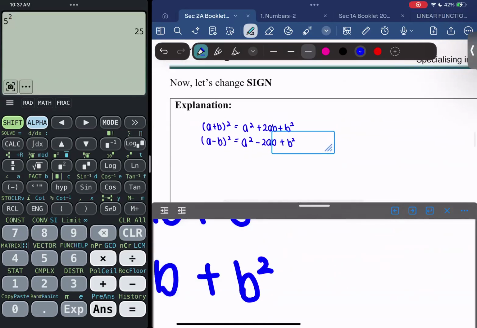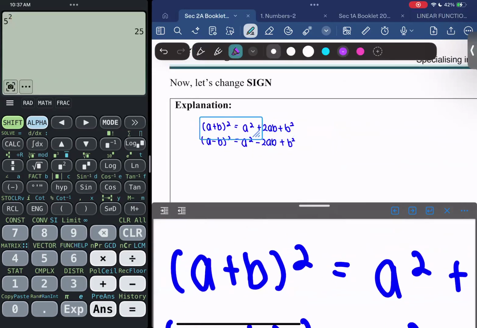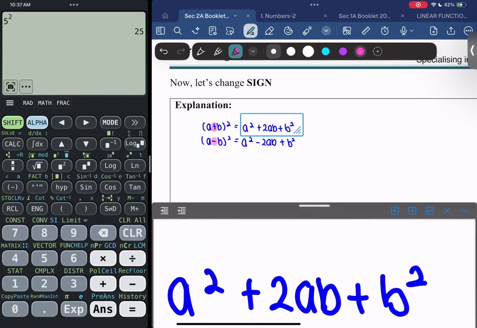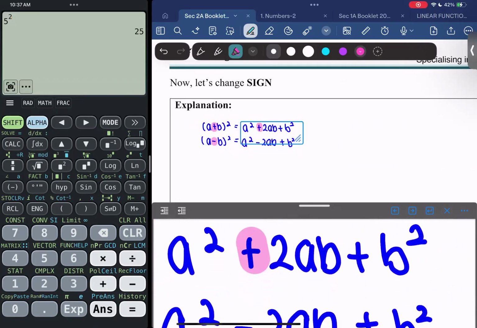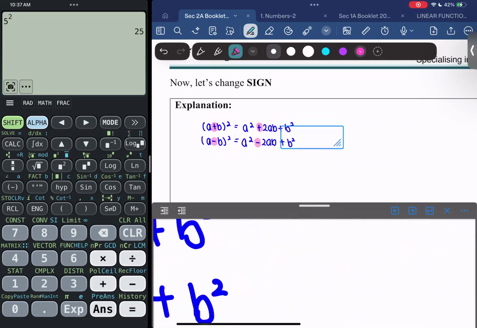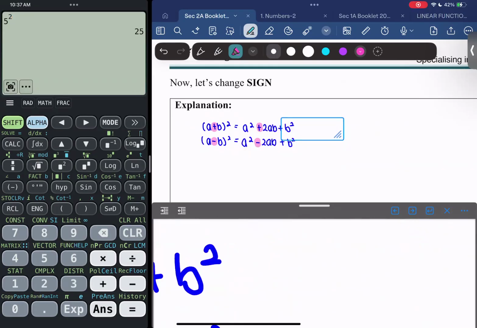Comparing these two rules, you can see what is different. The only thing that is different is the sign. Plus becomes minus, and only the first one, plus becomes minus. The back you don't touch. The last one you don't touch.